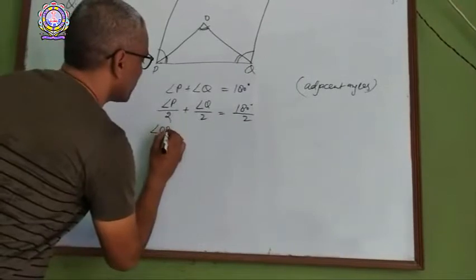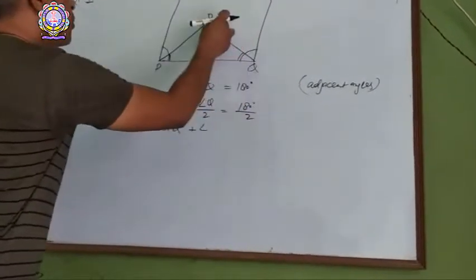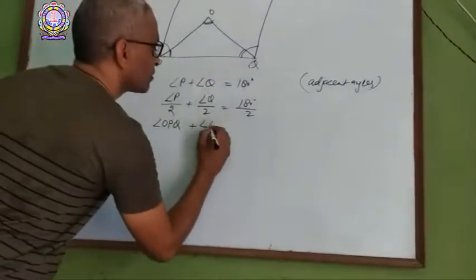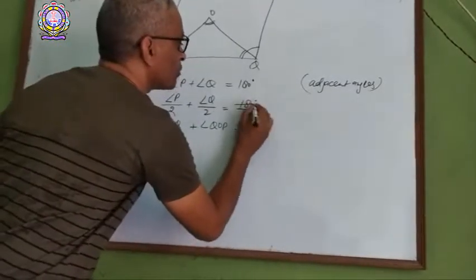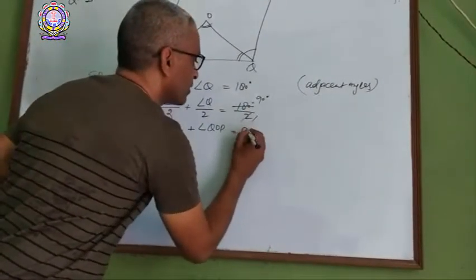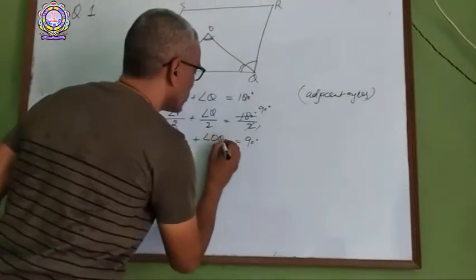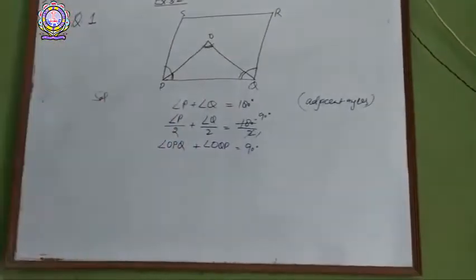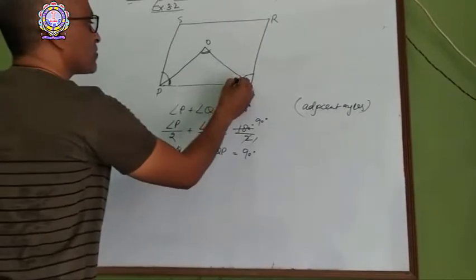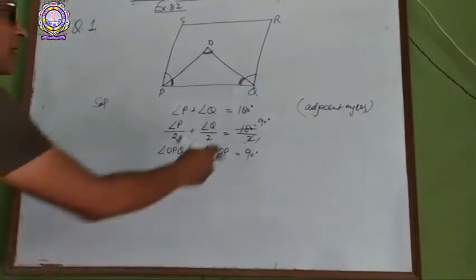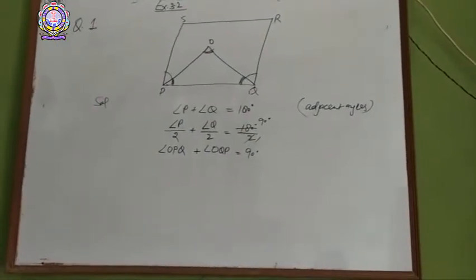Angle OPQ plus angle OQP will be equal to 180 upon 2, that is 90 degrees. Okay, it means the sum of this and this must be equal to 90 degrees.